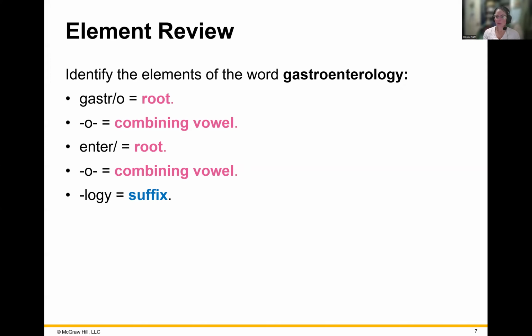Enter is a root word, but when we add O onto it, it goes entero, that's a combining form, and enter means the intestines. The very last section of this term is logy, L-O-G-Y. That is a suffix that comes at the end. That means the study of. So when you put it all together, gastroenterology means the study of the stomach and the intestines.